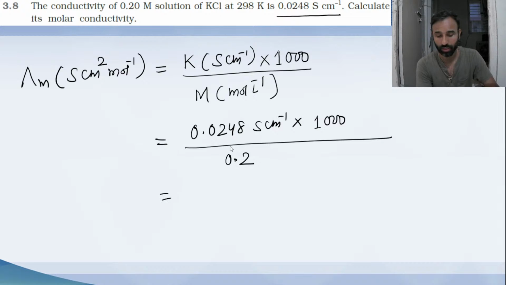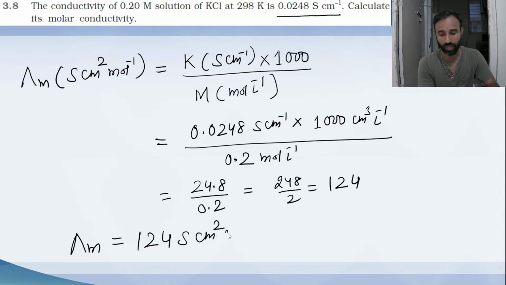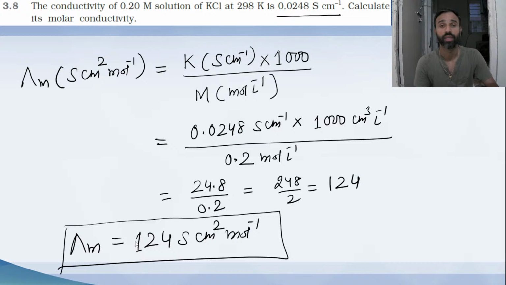So 24.8 over 0.2, that is 248 by 2, means 124. So molar conductivity is equal to 124 S centimeter square per mole.